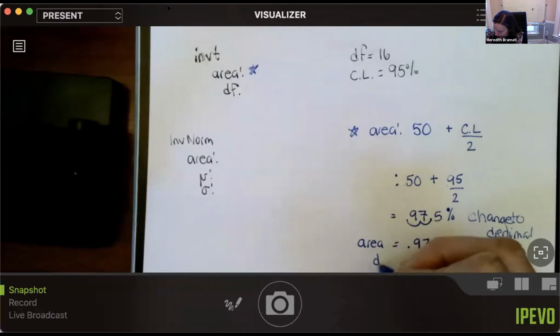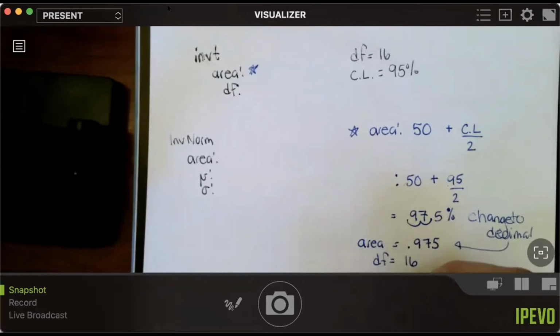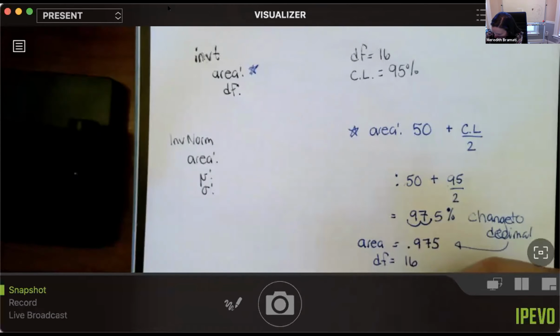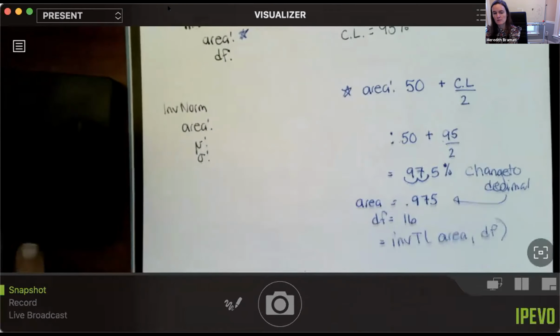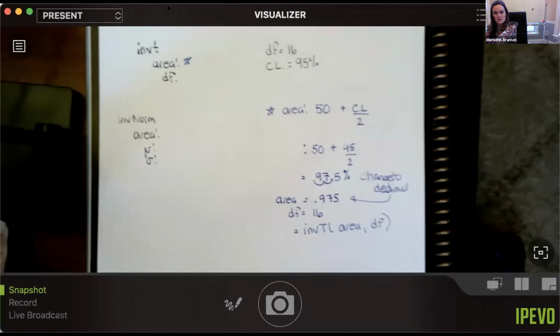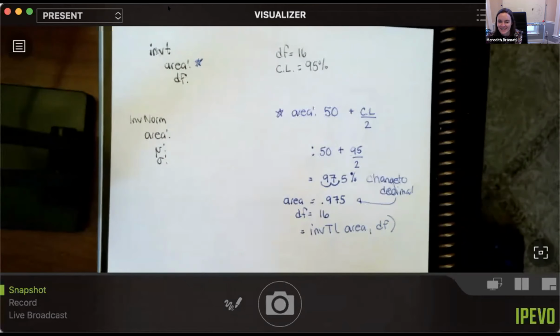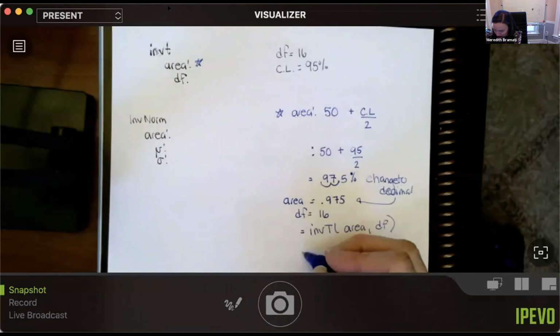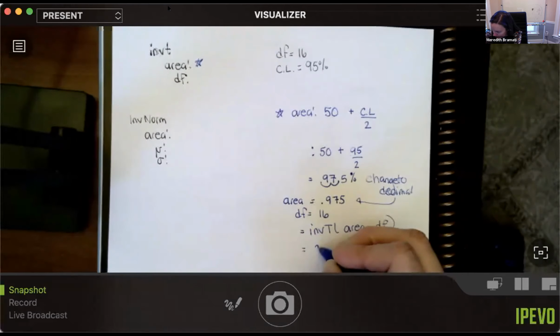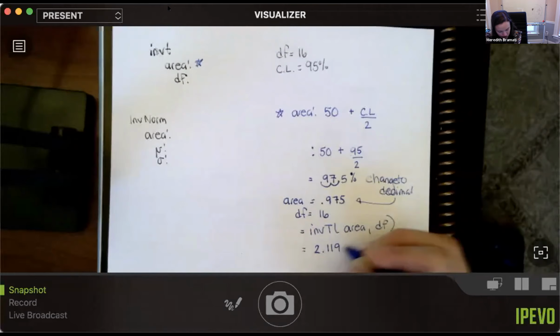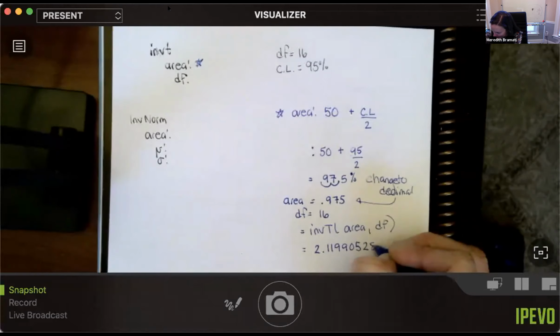And what was our degrees of freedom? 16. If you have to write it out by hand, it's invert T, area, degrees of freedom. Let me make this larger so you can see. And you should get 2.11905285.